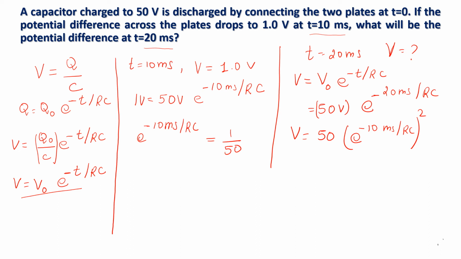You already know that e power minus 10 by RC is 1 by 50. So V equals 50 into 1 divided by 50, the whole square. One 50 and one 50 cancel, so V equals 1 by 50.